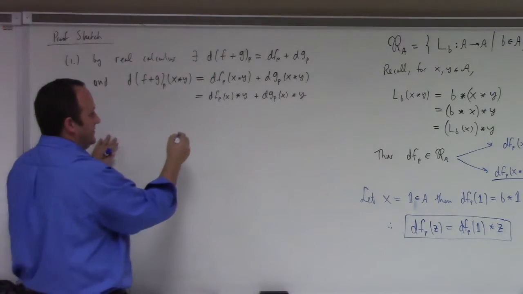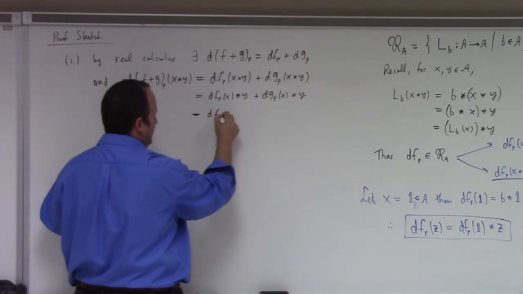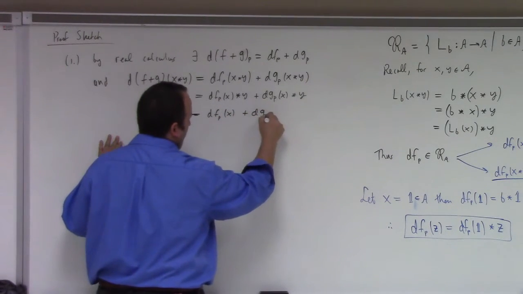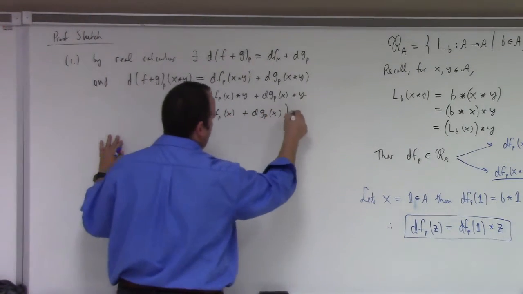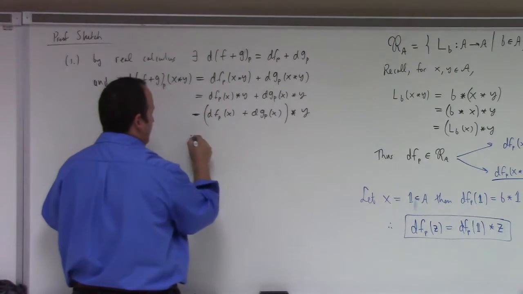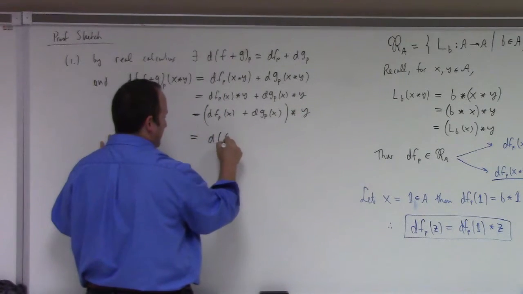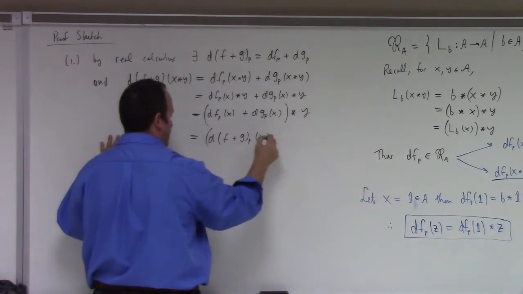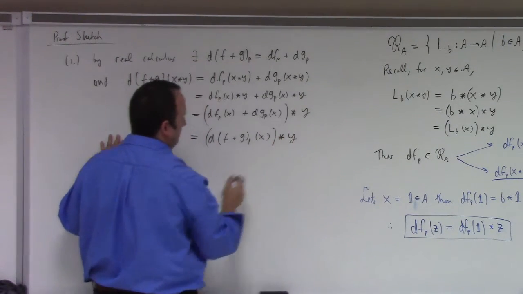And then you can factor by the properties of the algebra that multiplication factors out like so. And then just repackage it a little bit. That's d of F plus G at the point P, all of that acting on x times y. What have we shown?